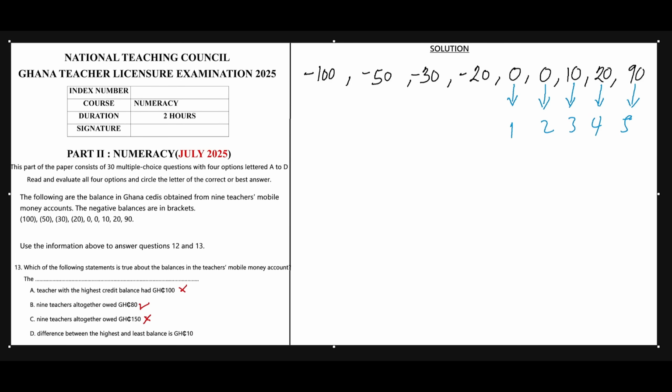So what is the highest balance? The highest balance is 90 cedis. And the least balance is 100 cedis. But this one, the teacher owes in the account.